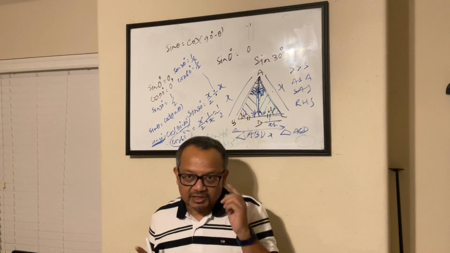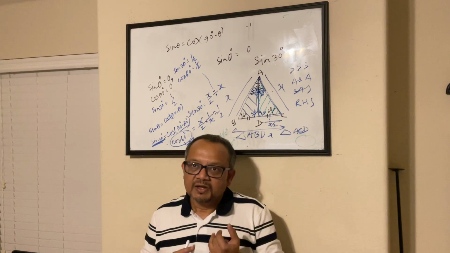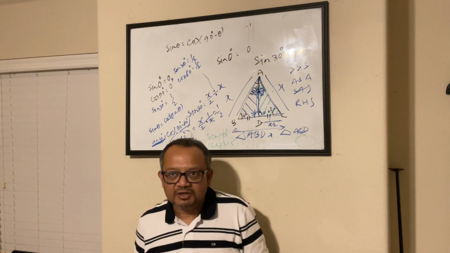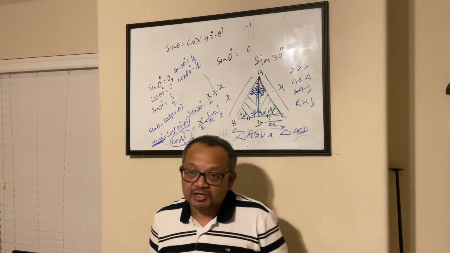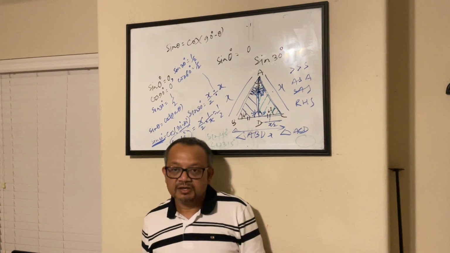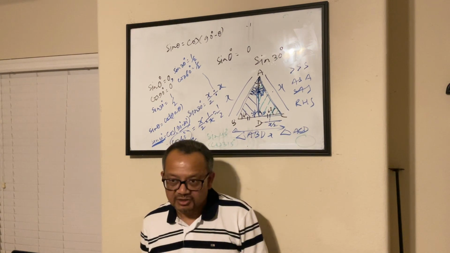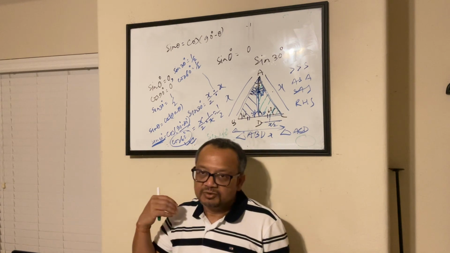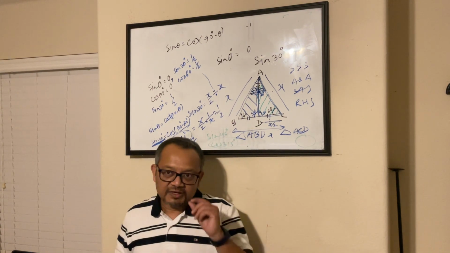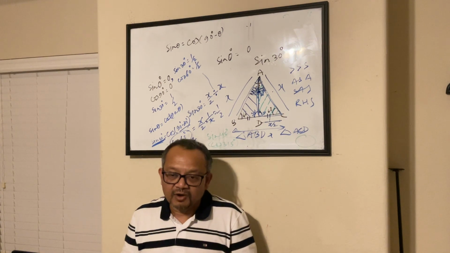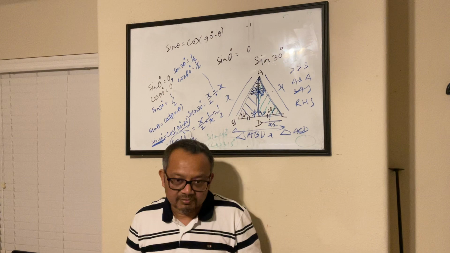So just a quick summary or recap of what we did today. We went back to the unit circle, recalled what the unit circle is, what we need to know, and how to find the x and y coordinates of any point on the perimeter of a unit circle. Then we came back to complex numbers and touched upon the basic difference between the rectangular form and the polar form of a complex number.